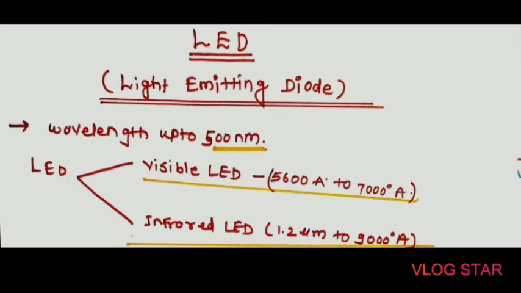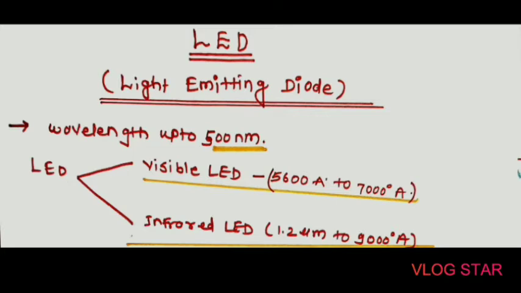So at the transmitter section, it is required to convert the incoming electrical signal into an optical signal, and for this purpose optical sources are used, and various optical sources are available from the visible range to the infrared range. Similarly, at the receiver station, if it is required to convert an optical signal into an equivalent electrical signal, then for that purpose different optical detectors are used.